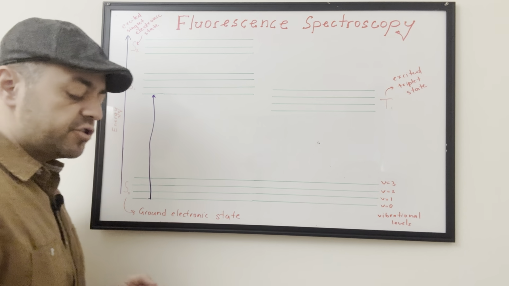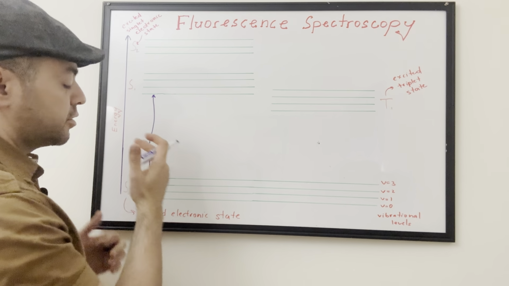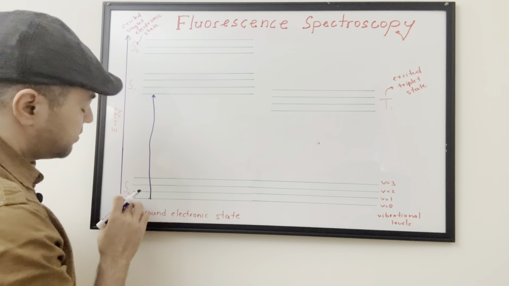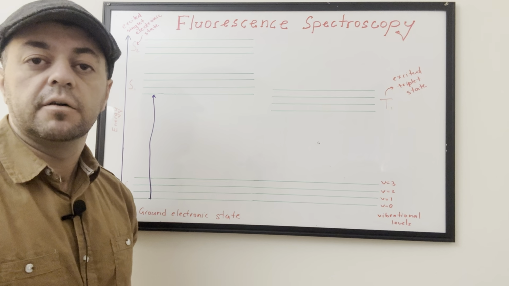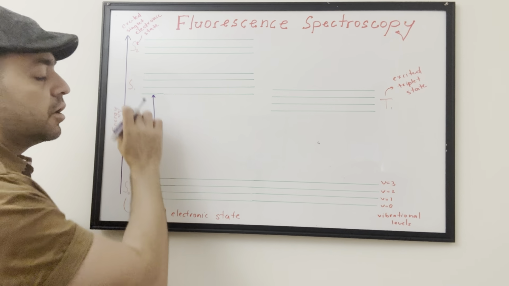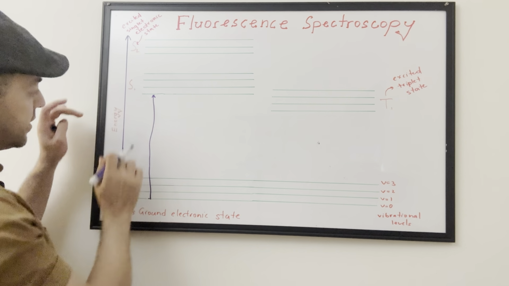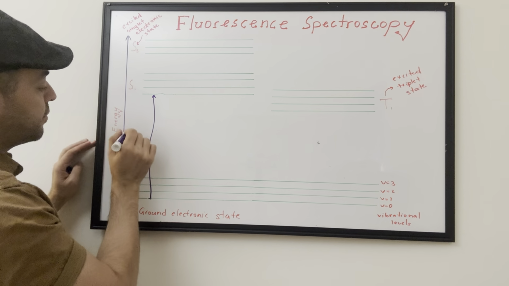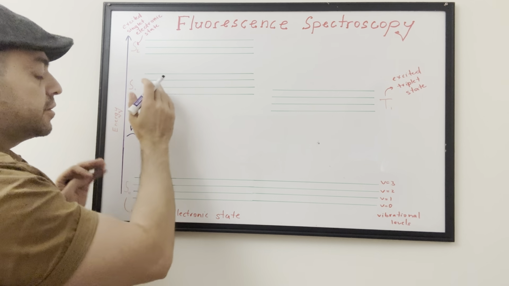Let's imagine that we're giving exactly the same energy to excite the molecule exactly from S0 to the lowest vibrational level of the excited state, the lowest vibrational level of S1. Let's imagine what happens when we apply this certain energy as a light, h nu, and it goes there.